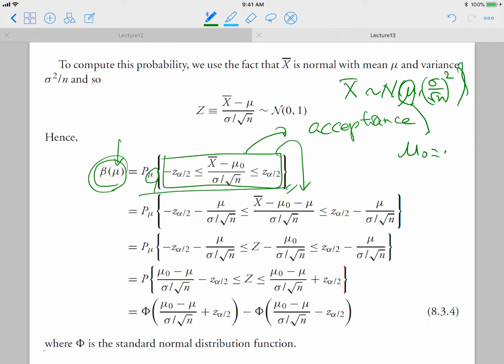So mu 0 is something like 175, and this guy was something like 185. So your sample mean was actually following this particular distribution, but your test statistic is centered at 175, right?